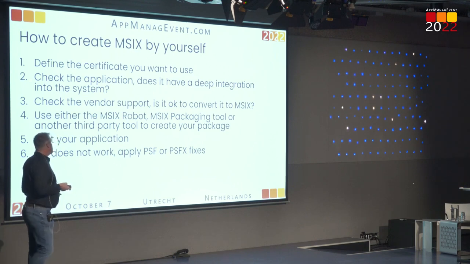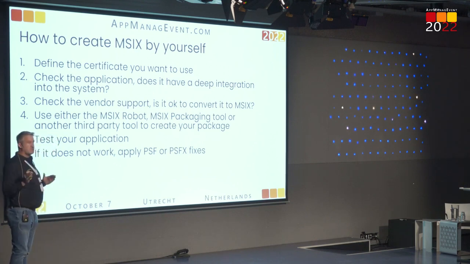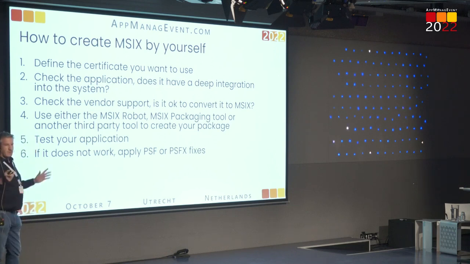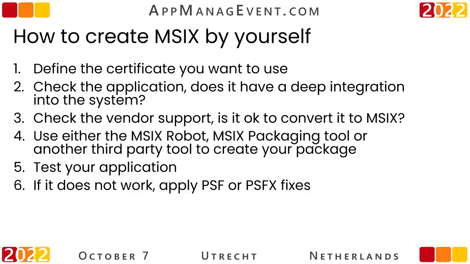If you create your own, you have to make sure that you install it on every machine. So you have to deploy it somehow. If they bring you their own device, they need to install your certificate first. You could order one from one of the big certificate companies, and then you can make sure it works on any device, even your home device, but you have to run through a process to achieve this.